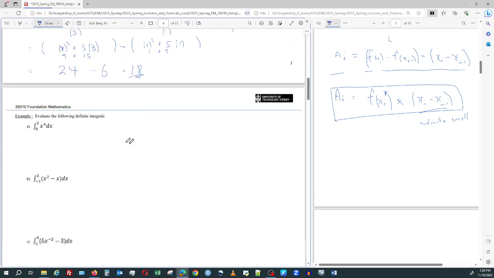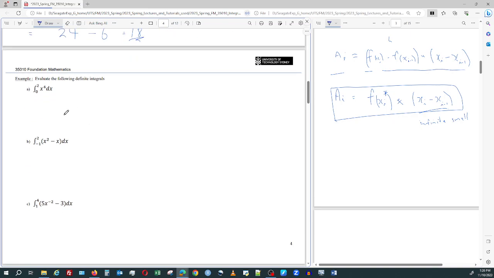Now I won't do a geometric interpretation of every one, but you will get that with Wrk1. So if you choose to use Wrk1 to check your work, which I encourage you to do, you'll find that Wrk1 will give you a geometric interpretation.